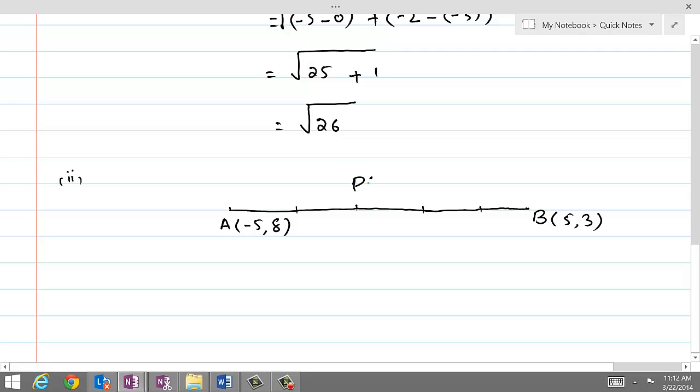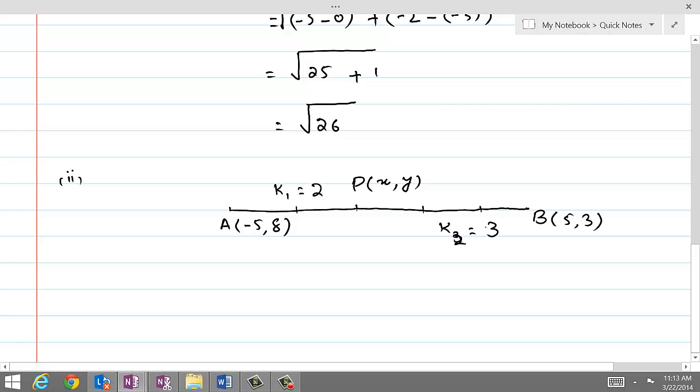So if we mark this point P at 2 divisions, we can label its coordinates as unknown x, y, and K1 is 2 divisions on this side and 3 divisions on the other side, because K2 is equal to 3.